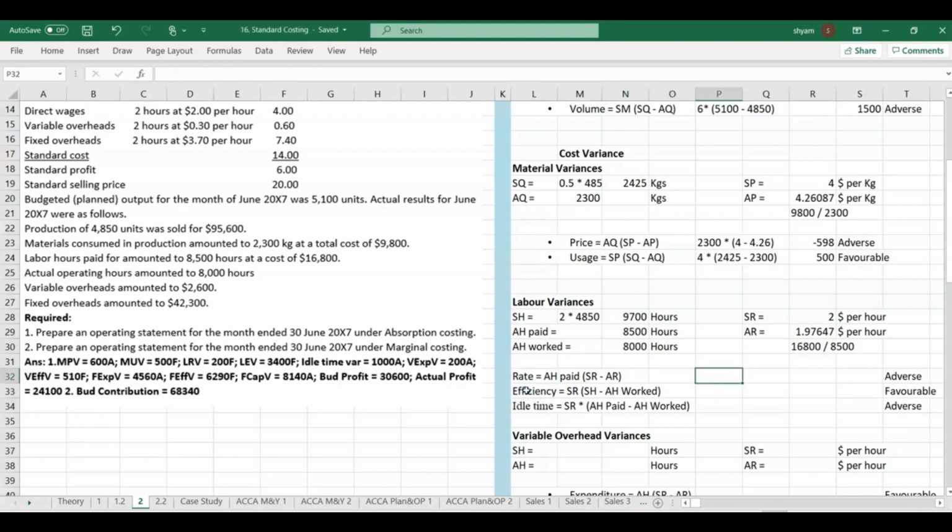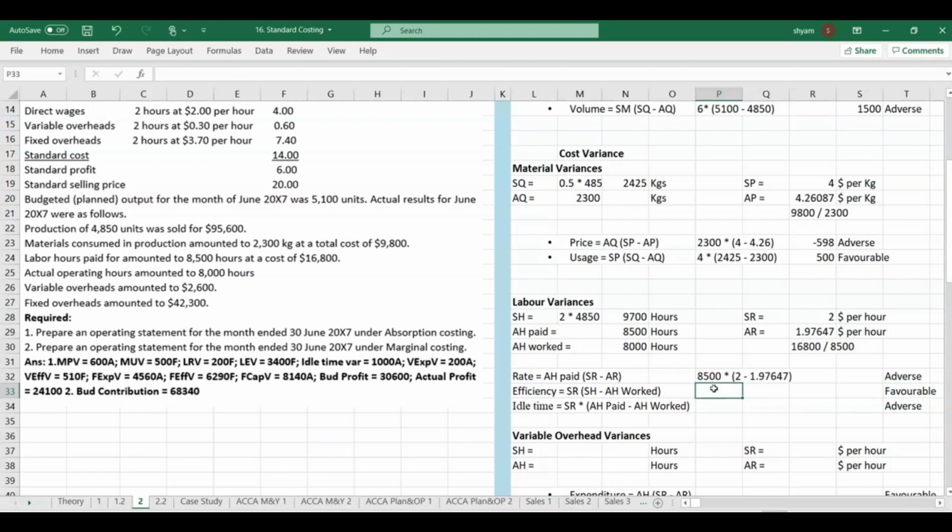So these are new formulas, so ensure that you remember this also. Now we'll work out the formulas. So actual hours paid is 8,500 hours into standard rate minus actual rate 1.97647. I will take the entire number, or else some rounding mistakes will occur. So we'll close the bracket.